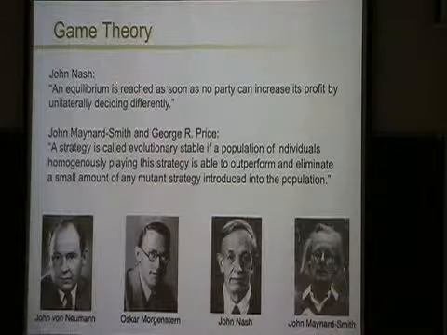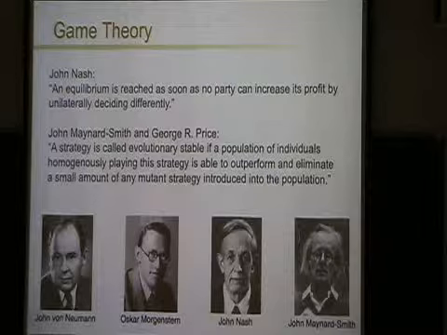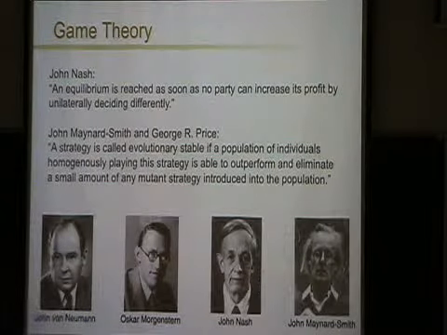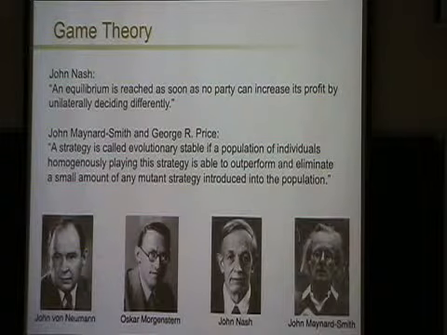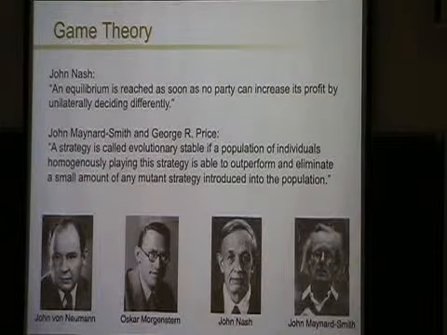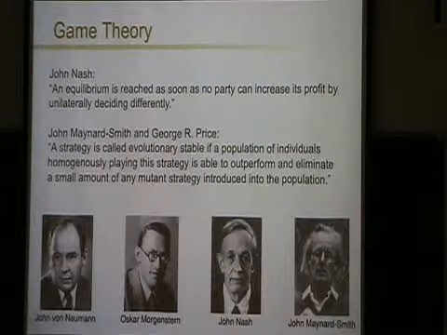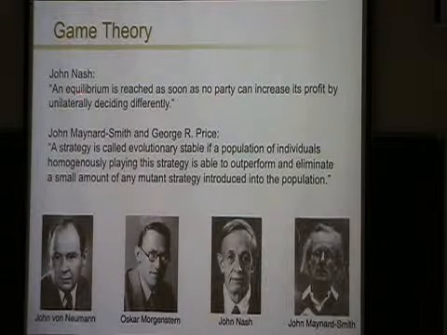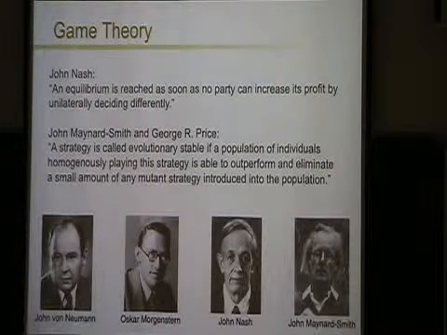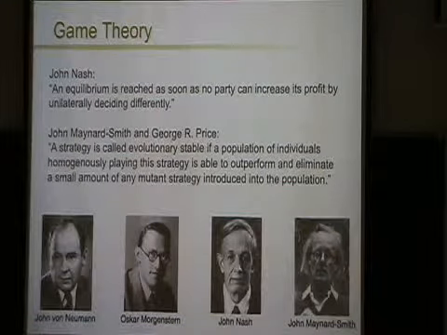In the first development, Nash was thinking about more or less social settings with rational players, where the rational players would try to play the game such that they have the largest profit they could possibly get by playing it rationally. And he defined what's called the Nash Equilibrium, and he said it's reached as soon as no party can increase its own profit by unilaterally deciding differently.